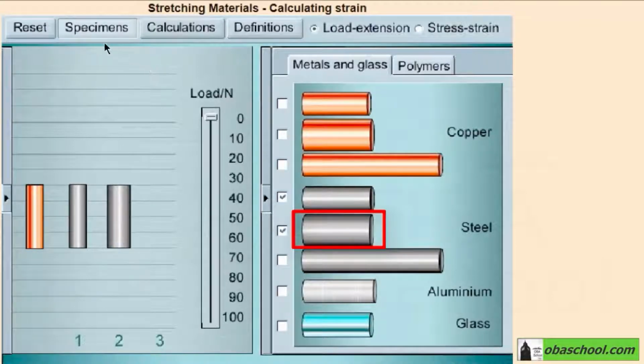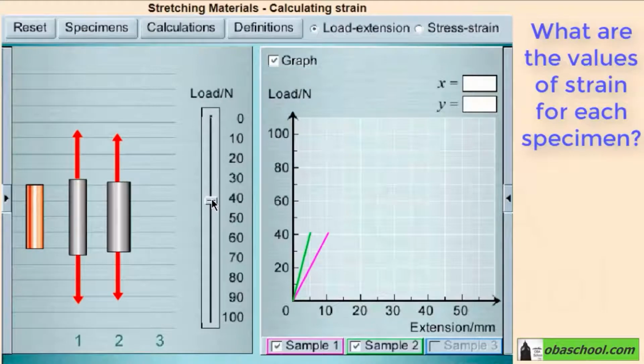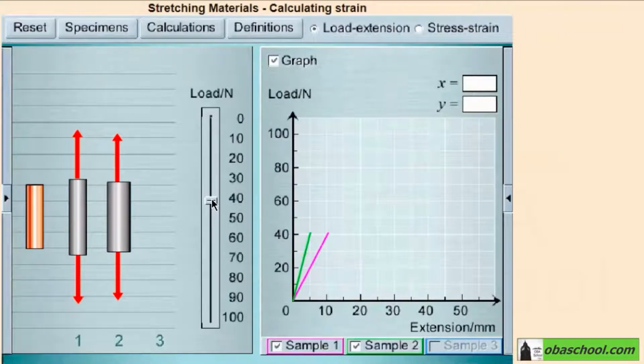And let's apply a load of 40 newtons. What are the values of strain for each specimen? Great! Let's check your answer.